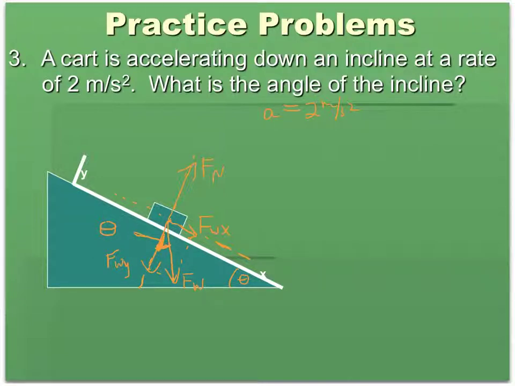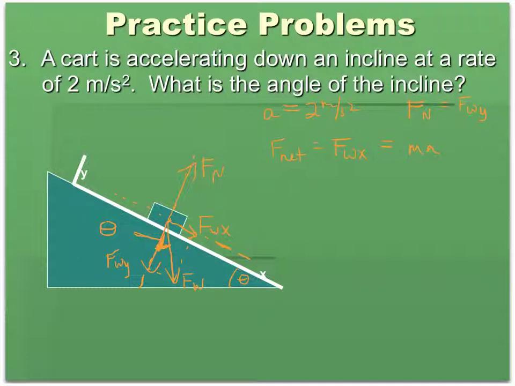Okay. There's no acceleration in the y direction, so again what that tells me is that my normal force is equal and opposite to my FWY. So the only force then that's acting on this, or my Fnet, is going to be equal to FWX. And we know that that's equal to its mass times its acceleration.